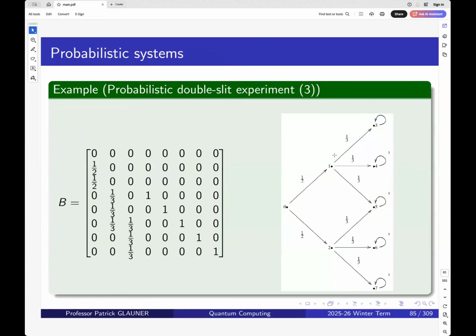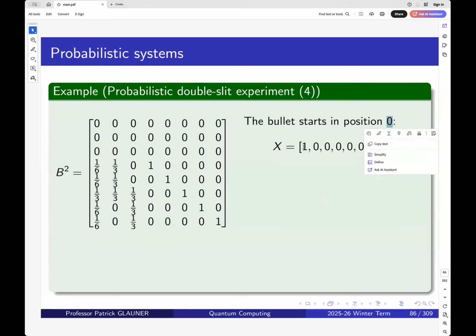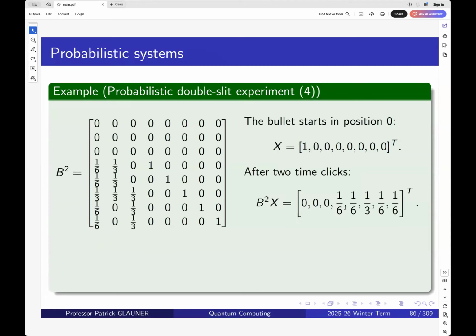So we finish the experiment, we shoot through the double slits, and then to the concrete targets. And we take our start state where the bullet is in position 0, which is just a 1, and then all the other zeros. And remember, it's a column vector, so we put it here as a row vector that we transpose. And then if we multiply x from the right with B squared, we would get something like this.